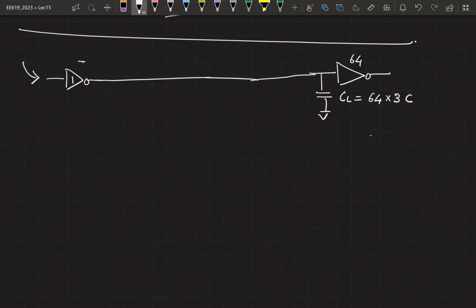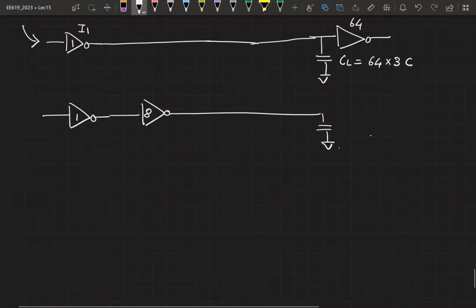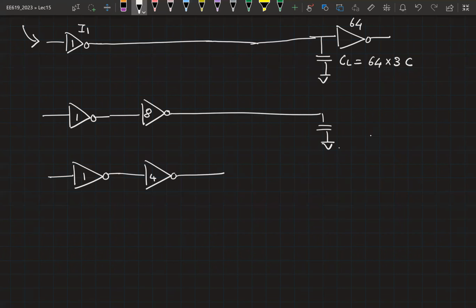The second design choice, so let me give you all possibilities and you can calculate the delay for all cases, is to have 2 stages sized like this. Or I could have 3 stages driving the same load.